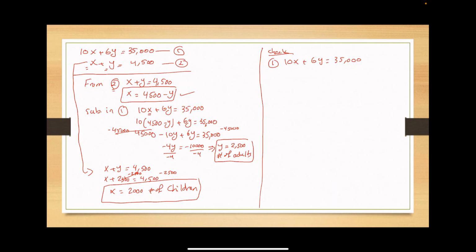Since we know that the fee for the adult is 10 and the fee for the children is 6, 10 times the number of adults, which is 2,500, plus 6 times the number of children, which is, oh sorry, I messed up. 10 times the number of children is 2,000, plus 6 times the number of adults, which is 2,500.